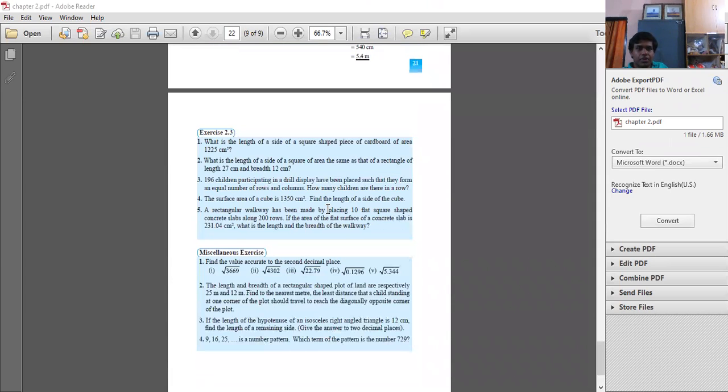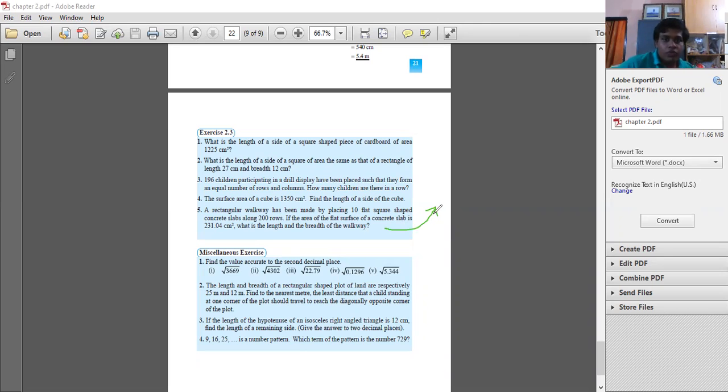So these exercises are for your homework kind of thing. If there's any question you can ask me, but I will do one question for you guys. One question, I will do this last one.